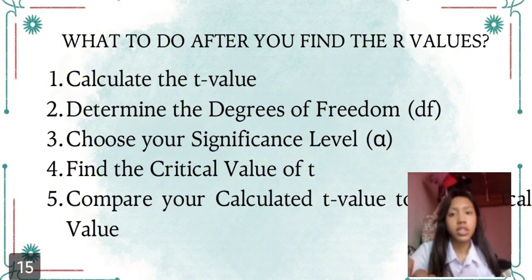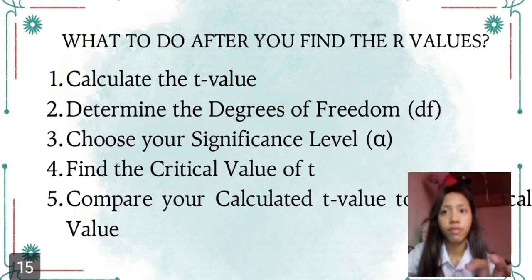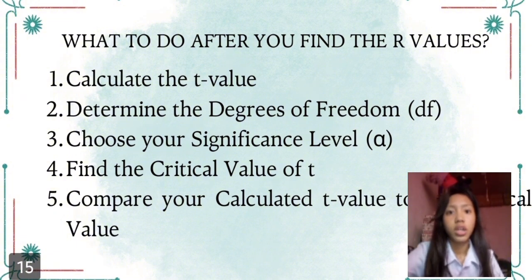For our previous example, the degrees of freedom of 0.76 is equal to 5, and our significance level is 0.05, so the critical value is approximately 2.571.